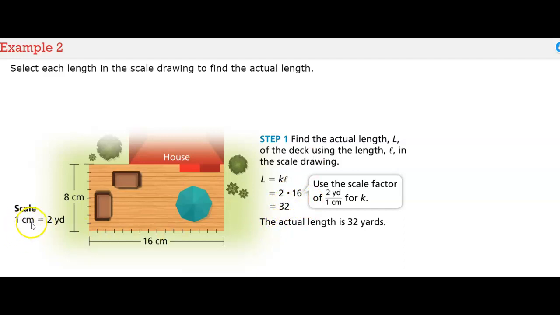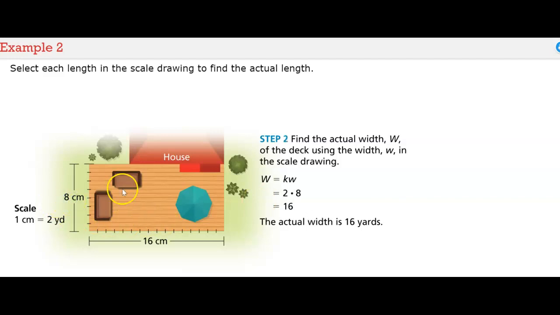The scale is 1 centimeter is equal to 2 yards. So we have the scale factor K of 2 yards over 1 centimeter. So K equals 2, and 16 is the length of the deck. 2 times 16 is 32. So the actual length is 32 yards.